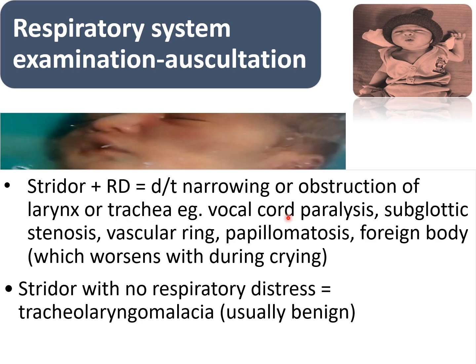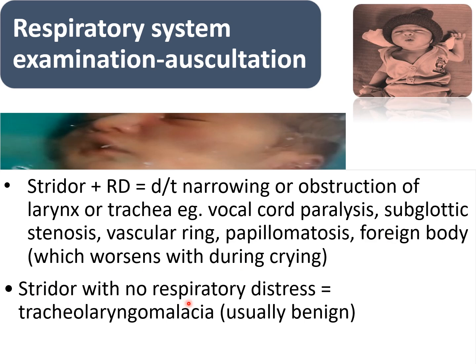For example, it can be seen whenever a patient is having vocal cord paralysis, subglottic stenosis, vascular ring, papillomatosis, or any foreign body, and this worsens during crying. Or it can be because when we extubate the patient from the ventilator, partial obstruction at the level of larynx can lead to this.